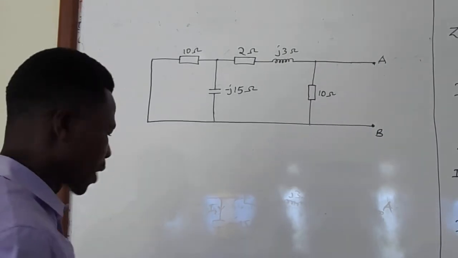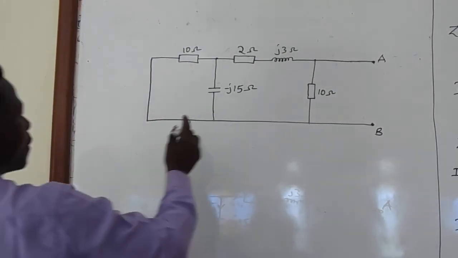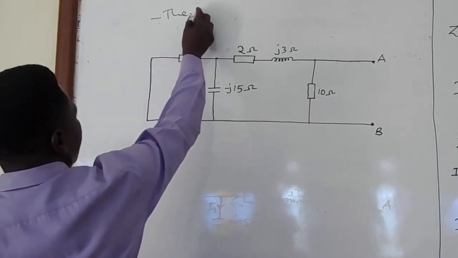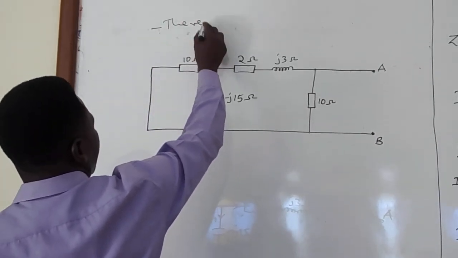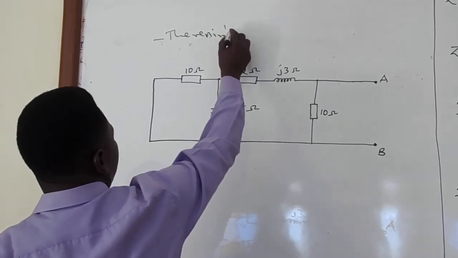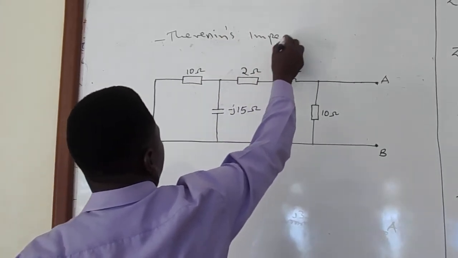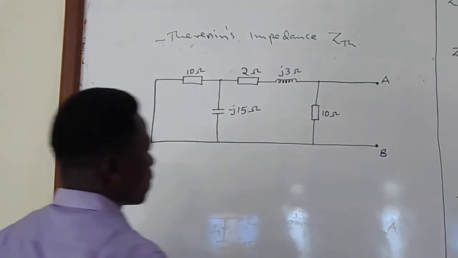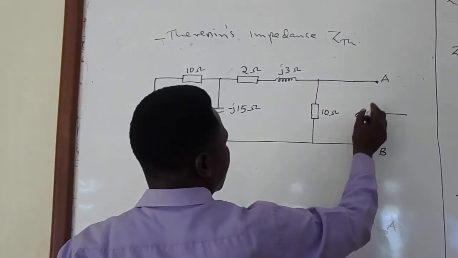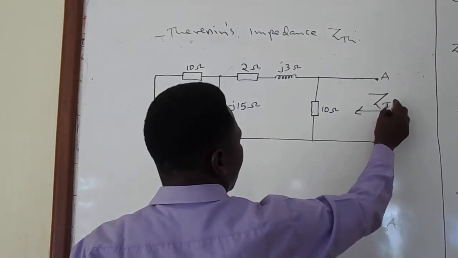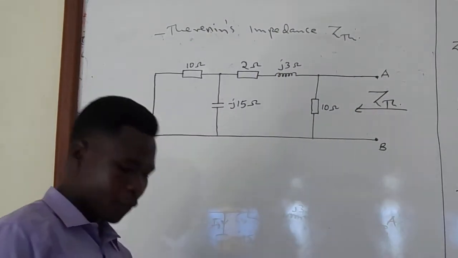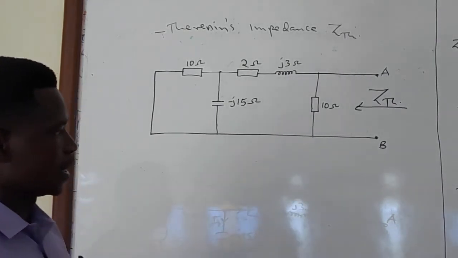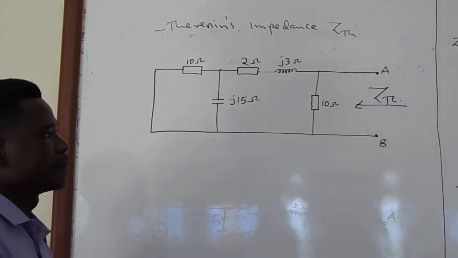So we now need to get the Thevenin's impedance. That is Z Thevenin's. So the Z Thevenin's is the internal impedance of the circuit looking back into the circuit from the terminal AB.